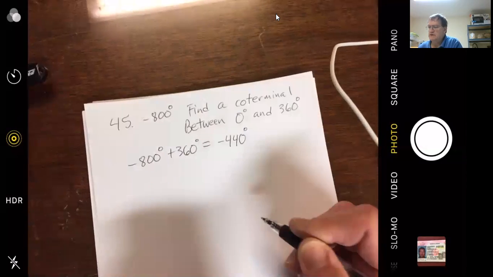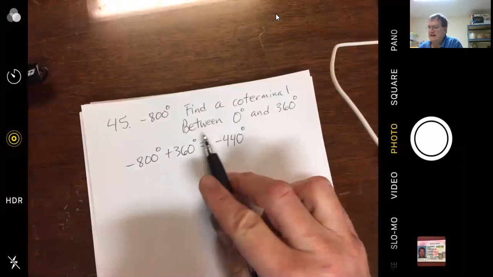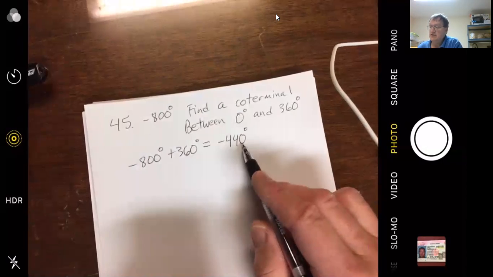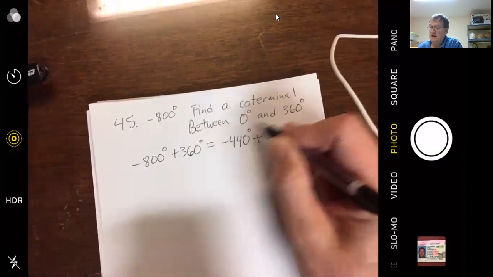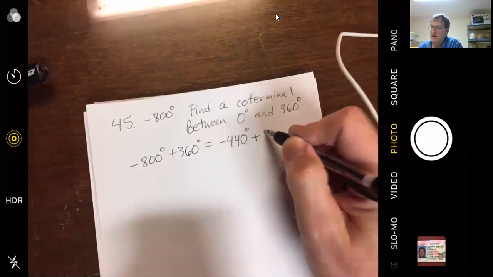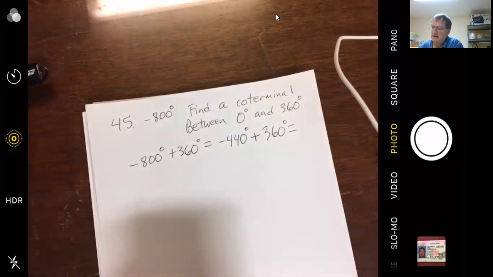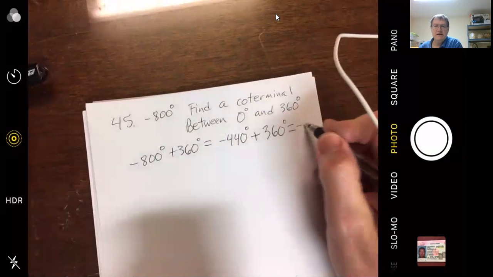Clearly still below 0, not between 0 and 360. In fact, adding it again isn't going to get you there, because 440 is bigger than 360. It's still going to be negative. Add another 360. It's the second time around. Add 360. We're at negative 80 degrees.